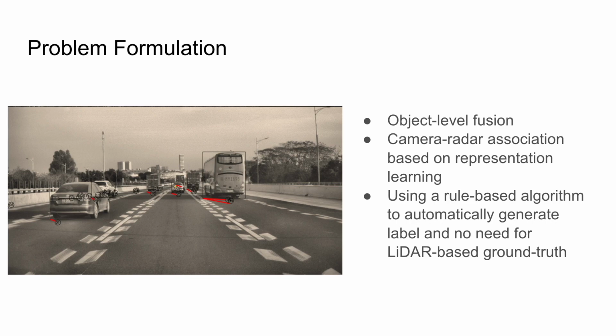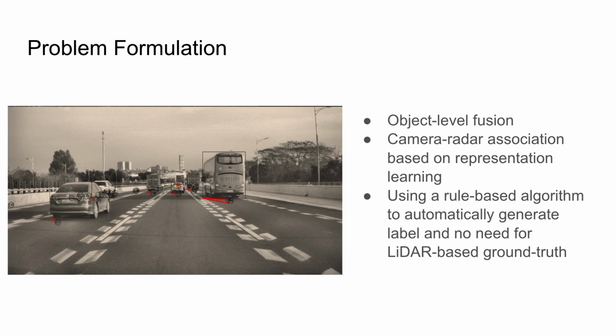There are three features to note about our method. First, our method is an object-level fusion method, as opposed to other data-level fusion or feature-level fusion methods. Hence, our method is more amenable to real autonomous driving systems. Second, our method is a learning-based method. Compared to traditional rule-based radar camera fusion methods, our method is less susceptible to performance degradation in challenging scenarios or failure in corner cases.